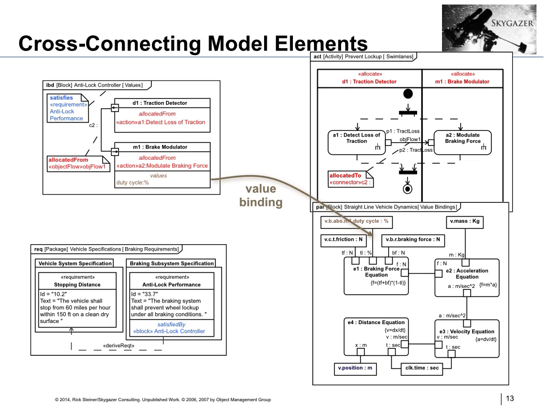And so you can see on the parametric diagram, I have added a number of value properties that I've collected from throughout this very simple model, which shows the tire friction, for example, the duty cycle of the brake modulator, some unencumbered braking force, the mass of the vehicle, and the position of the vehicle.